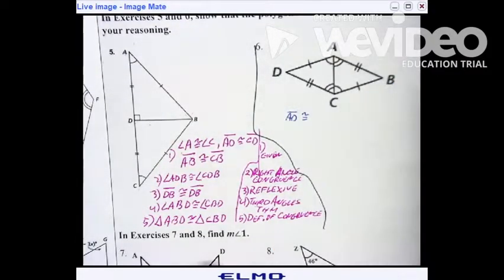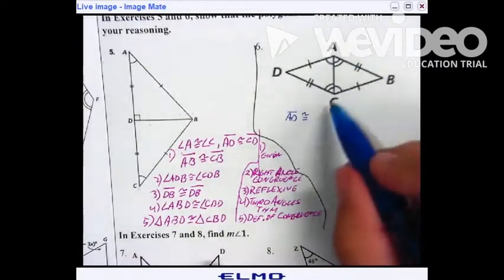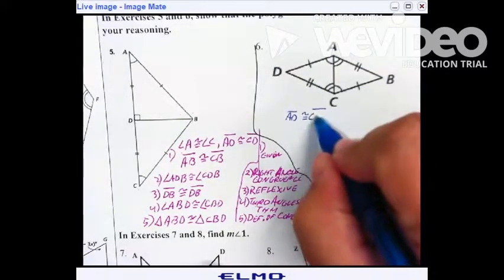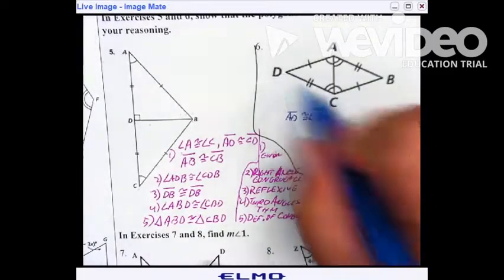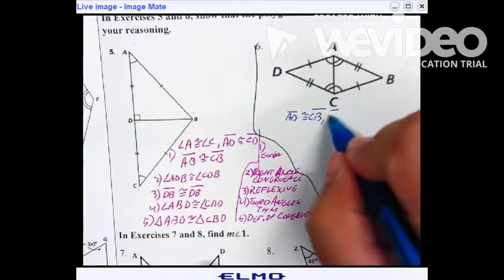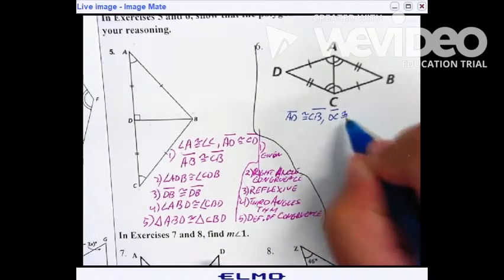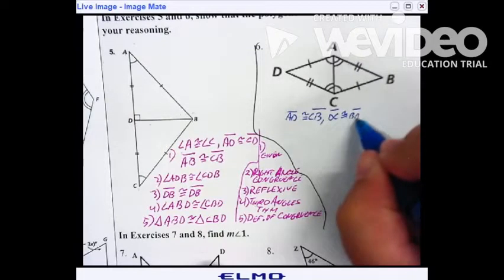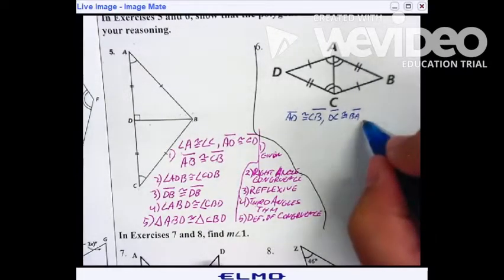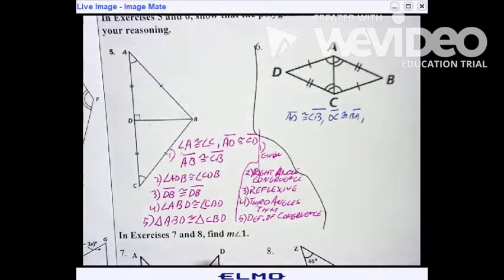This one here. AD is going to go with CB. Segment CB. We know that segment DC is congruent to segment BA. That's the only segments that are marked.